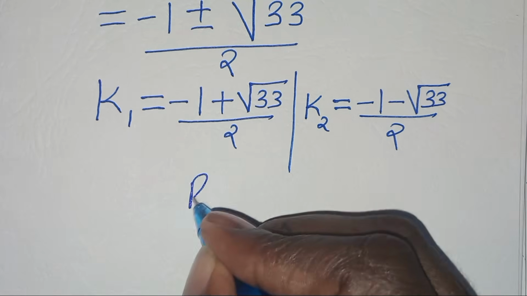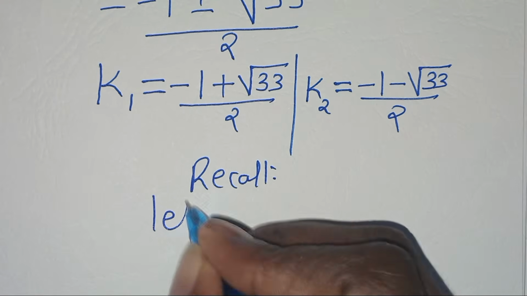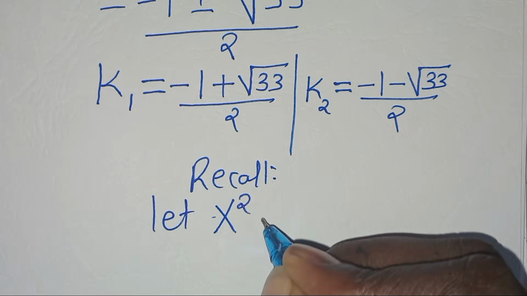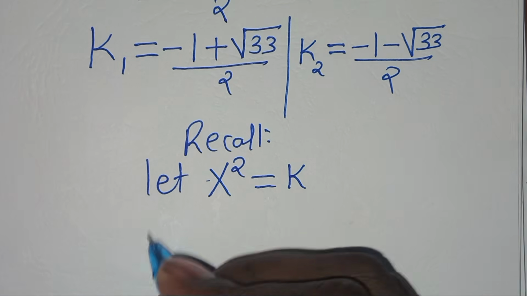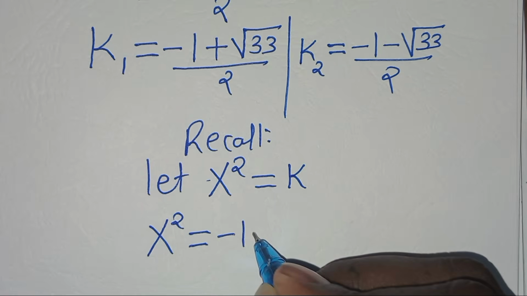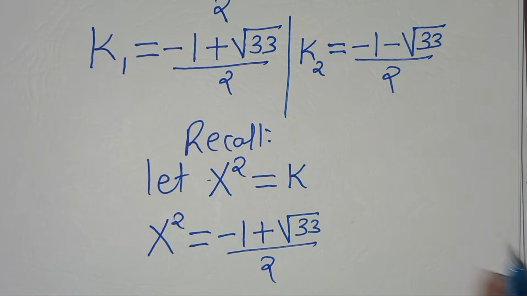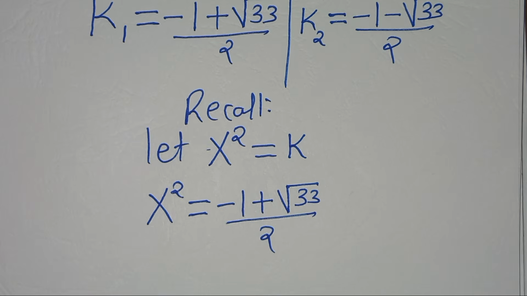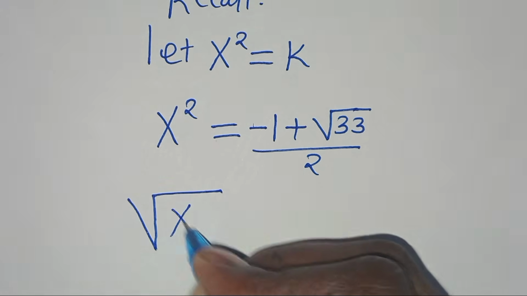Now, if you recall, we let x to the power of 2 be equal to k. So let's start with k1. So we have x to the power of 2 equal to -1 plus square root of 33 divided by 2. Now, to solve for the value of x, let's introduce a square root on both sides.